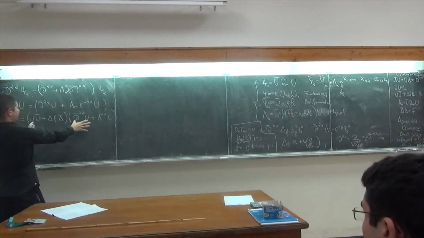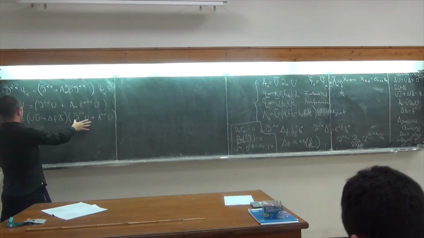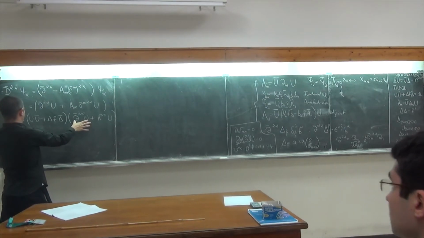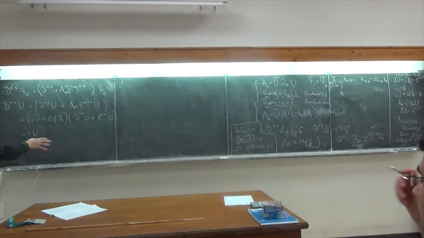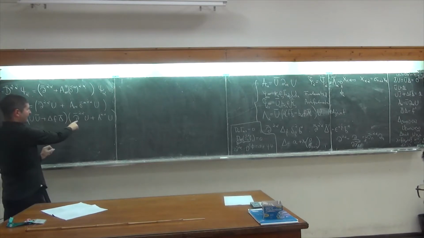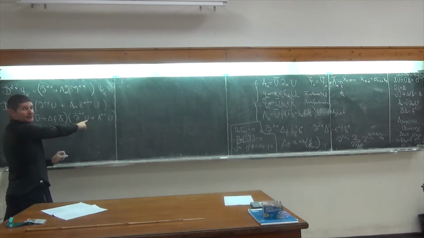Now let's see this first term. The first term with that, I can write like minus u bar du. What is that?